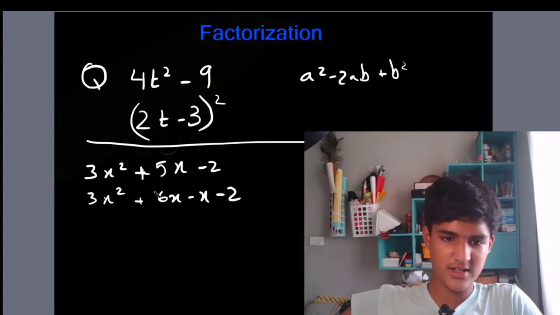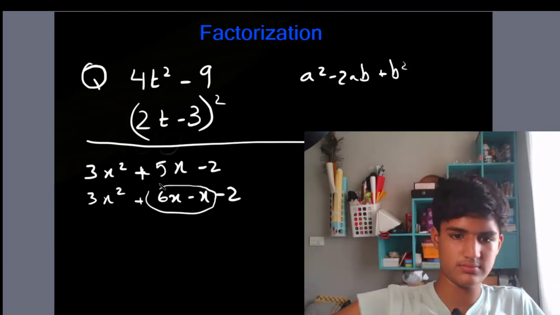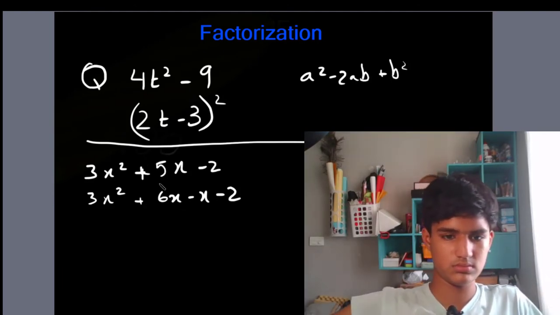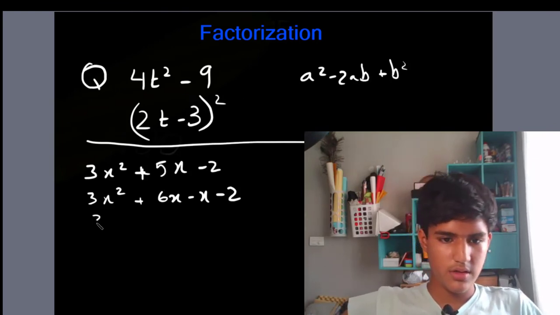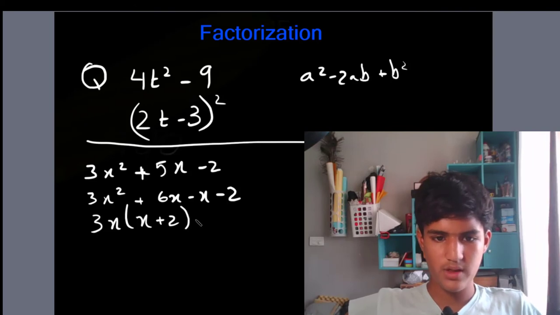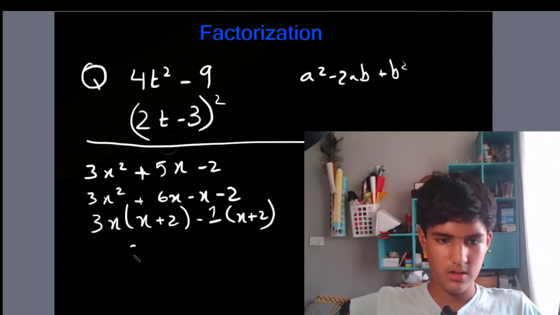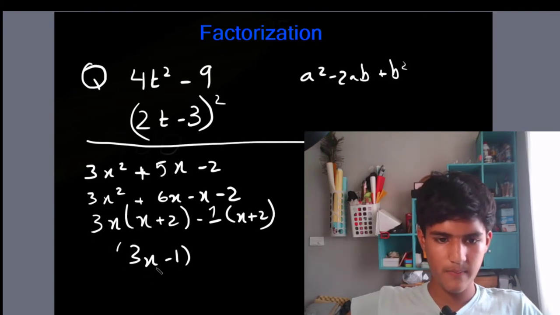So eventually I came to the conclusion of 6x minus x. 3x plus 2, minus 1 times x plus 2. So 3x minus 1, x plus 2.